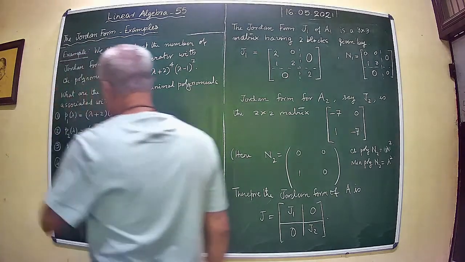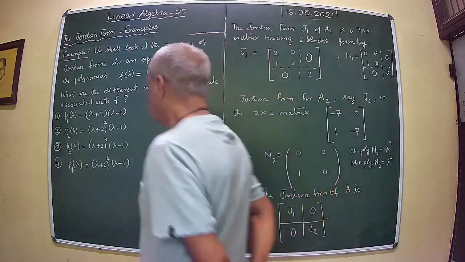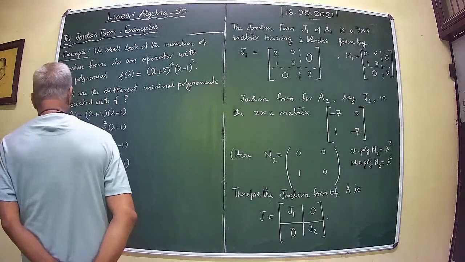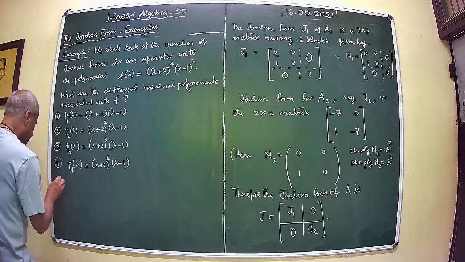Now you see that in all these cases Pi divides f. Okay, these are 4 different types of this, and now there are more.